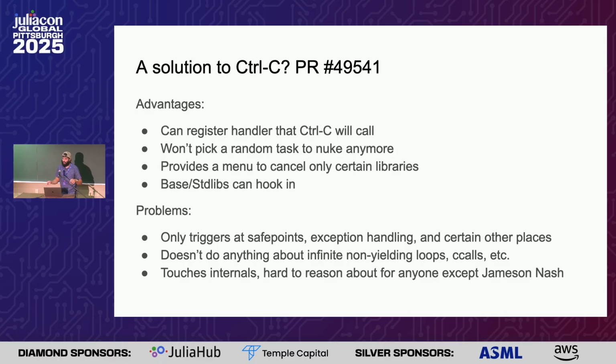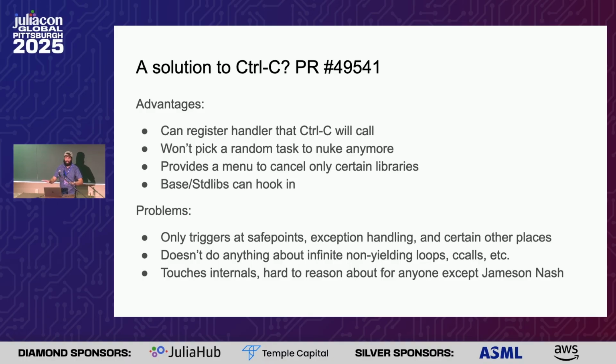And there can be multiple handlers. Dagger can register a handler, AMD GPU, all of the libraries, whoever wants to have cancelable code can register a handler, and that will get cleanly called at a safe time to call that thing.